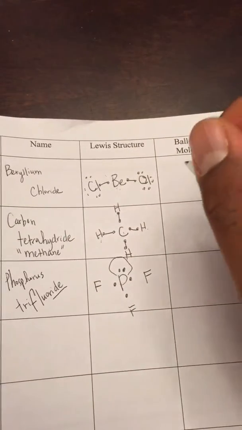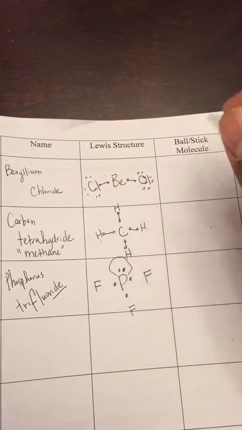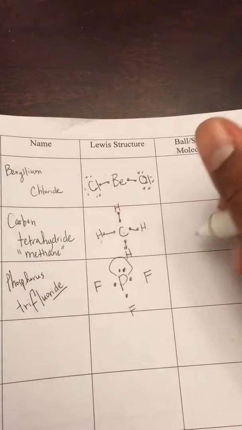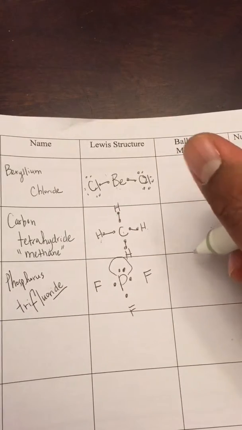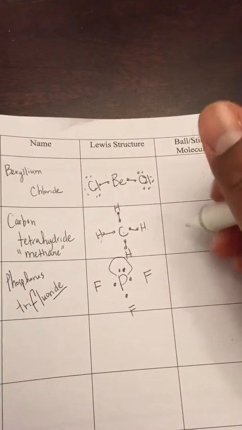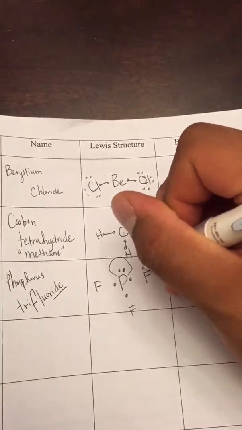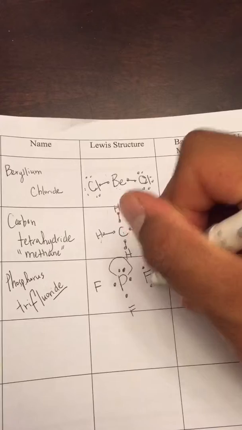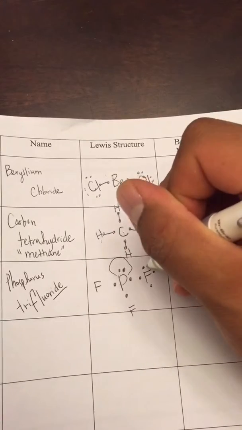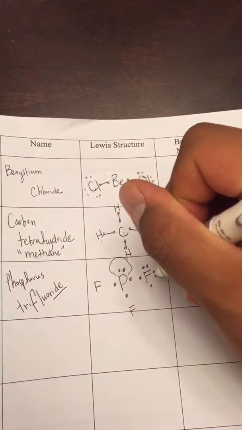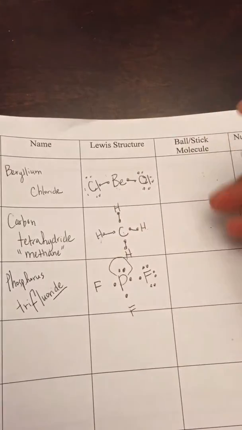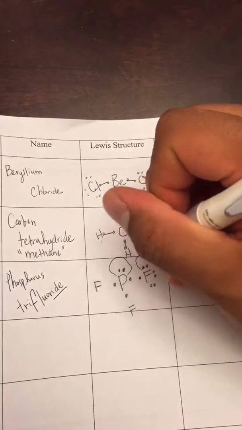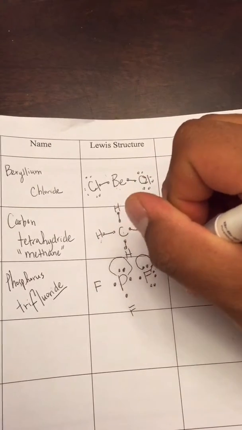Now we have to determine the Lewis structure of fluorine. The Lewis structure of fluorine is F. Now we have to find out how many valence electrons. It's in group 7, it is a halogen, so therefore it's going to have 7 valence electrons. 1, 2, 3, 4, 5, 6, and 7. So if you notice right here, these are all lone pairs of electrons.